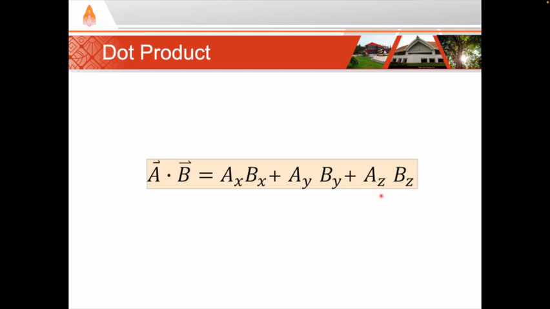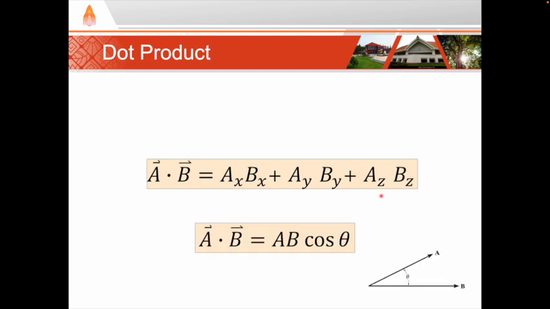And the result of that is a scalar. It's a number, not a vector. This can be useful for us because the dot product is also equal to the magnitude of A times B times the cosine of the angle between those 2 vectors, if we call that angle theta.